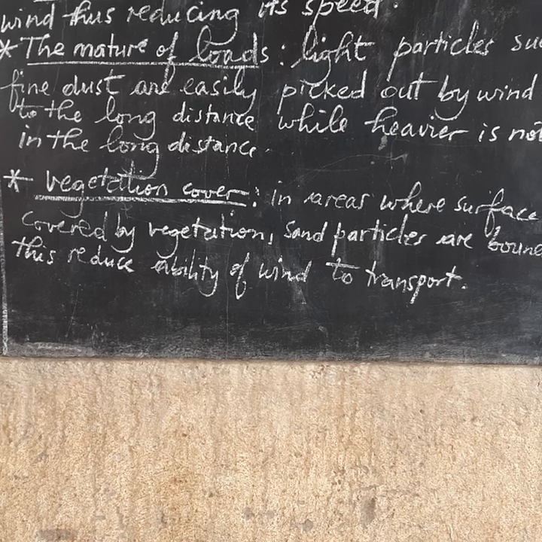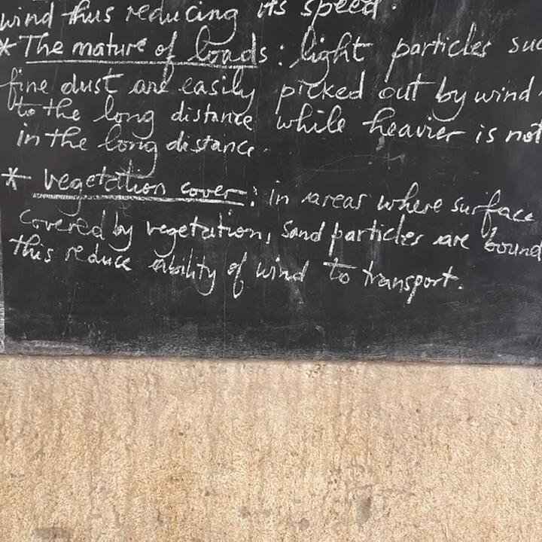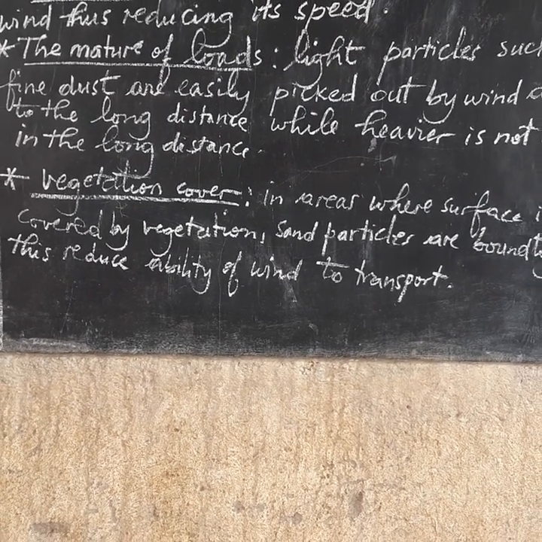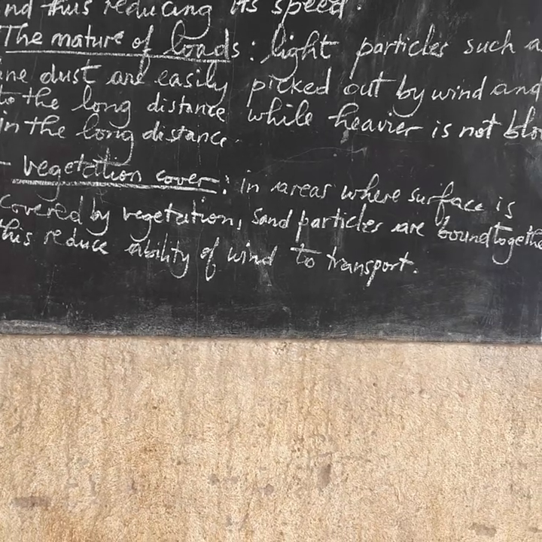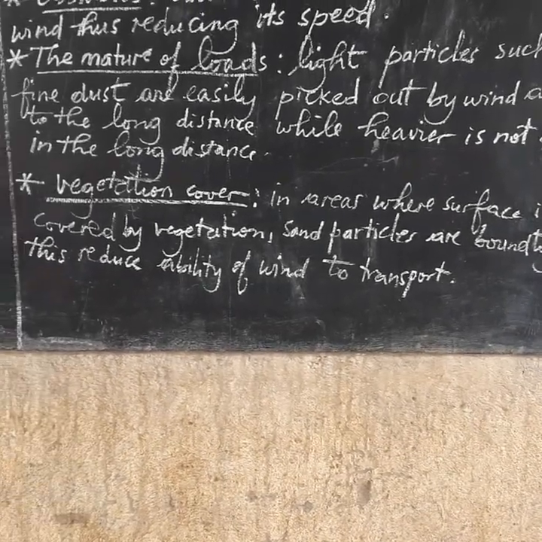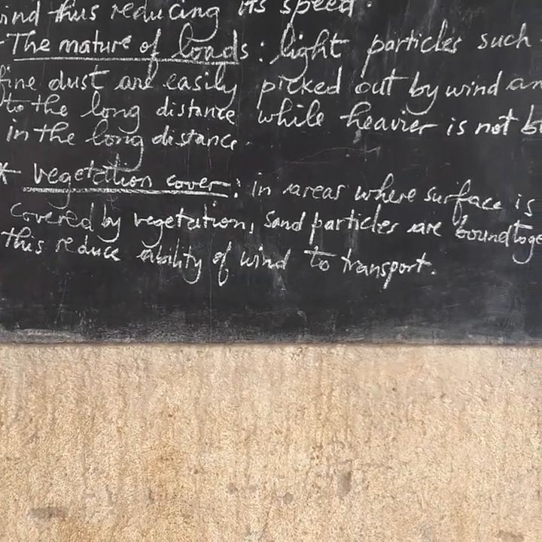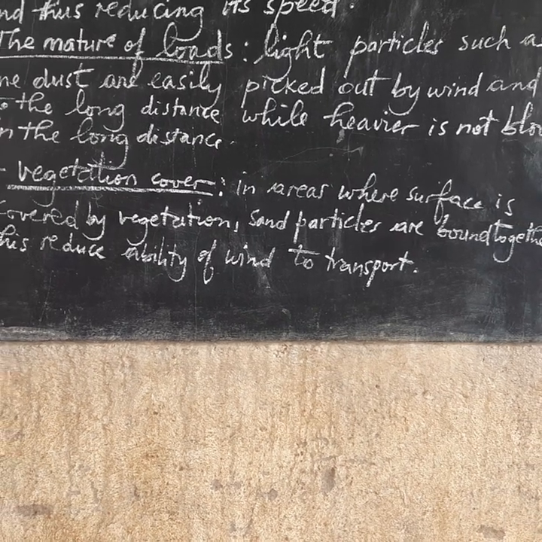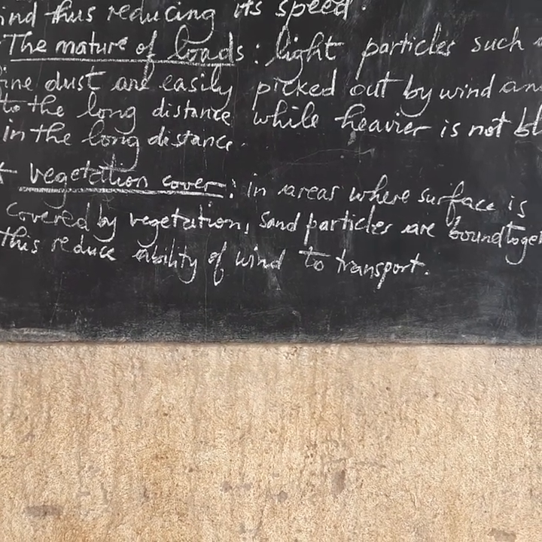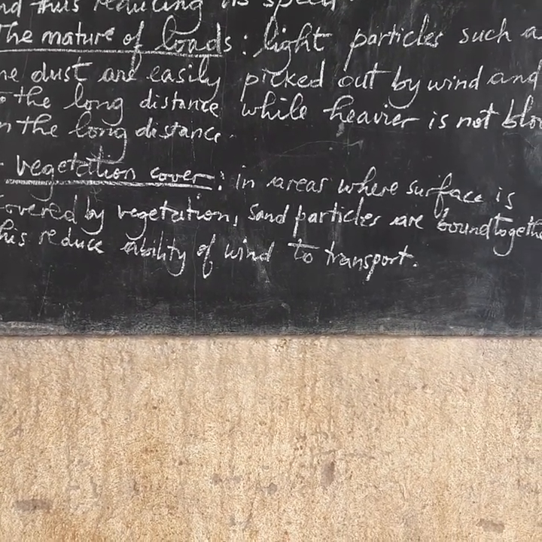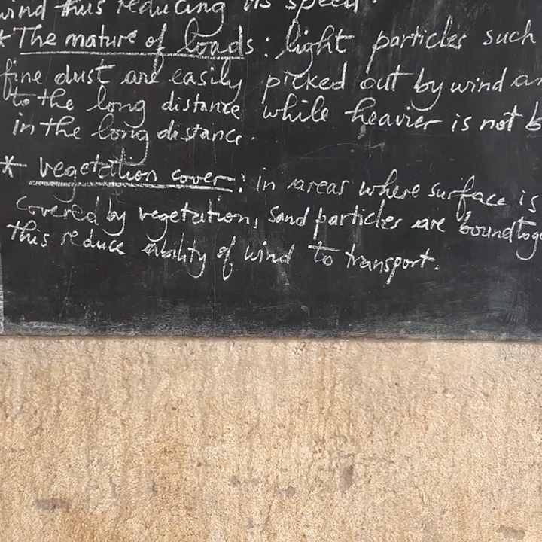The factor number 3 is the nature of loads. So the light particles such as fine dust are easily picked up by the wind and carried a long distance, while those which are heavy are not carried a long distance.